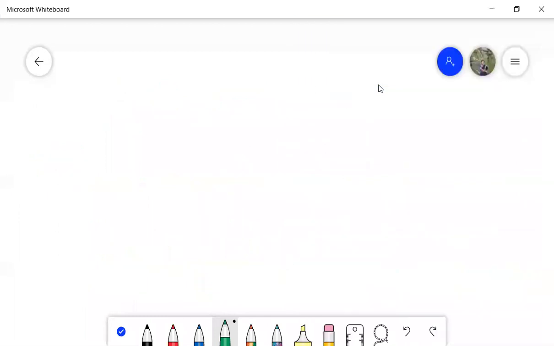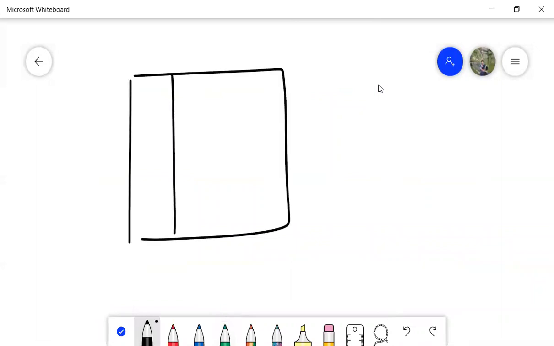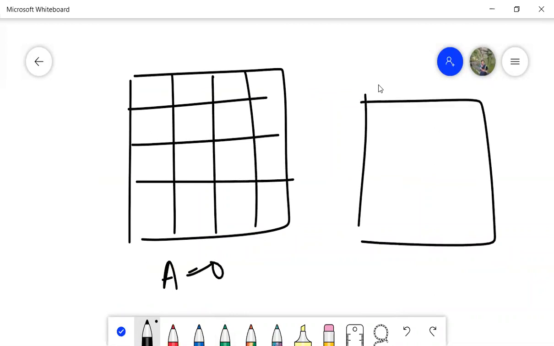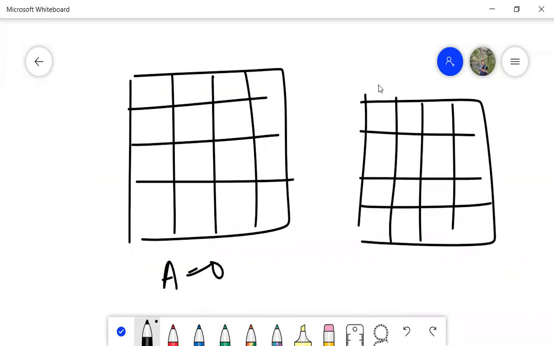So now let us draw the K-map. This represents A is equal to 0 and the second one represents A is equal to 1. So what did I have in the K-map?